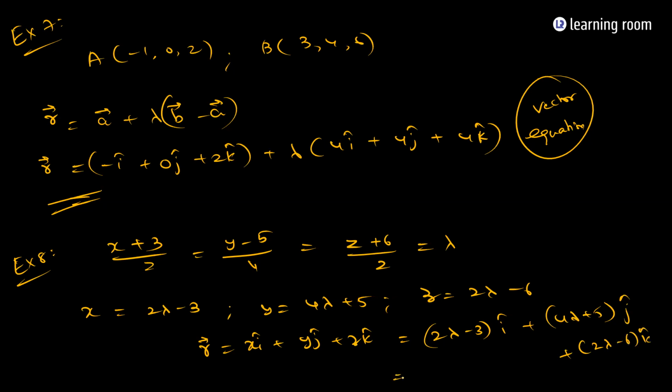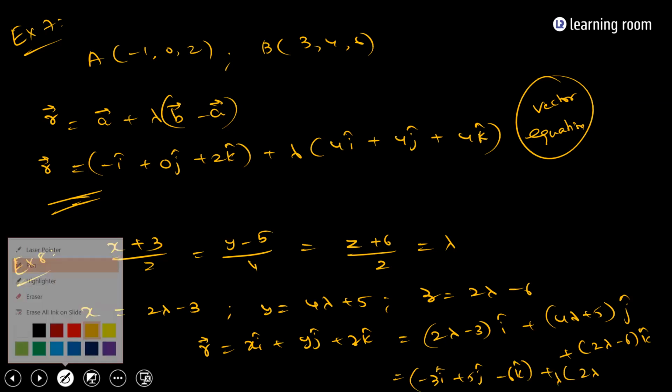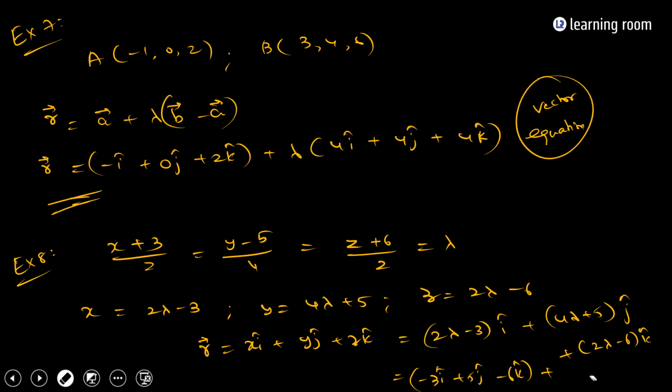Now separate the terms: minus 3 i cap plus 5 j cap minus 6 k cap plus lambda into (2 i cap plus 4 j cap plus 2 k cap).